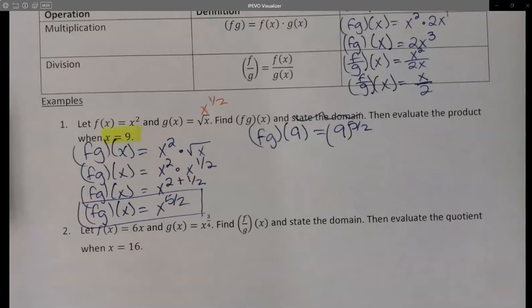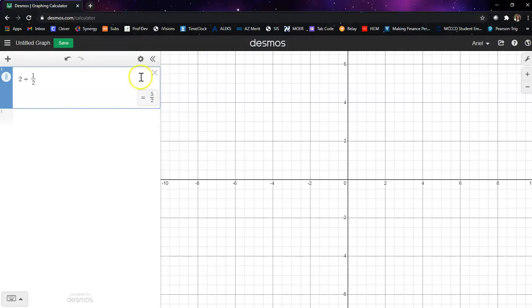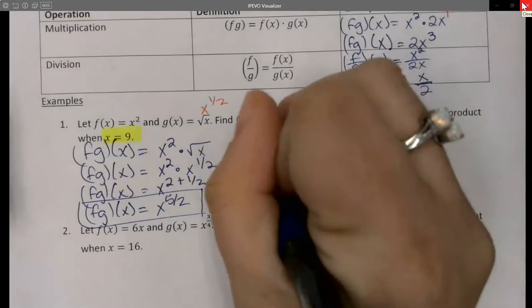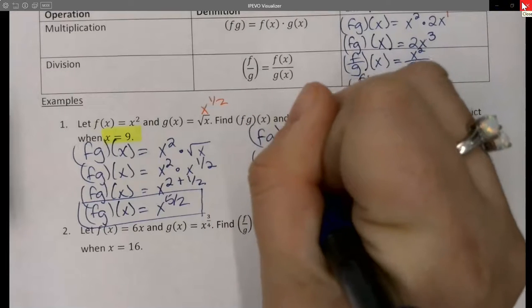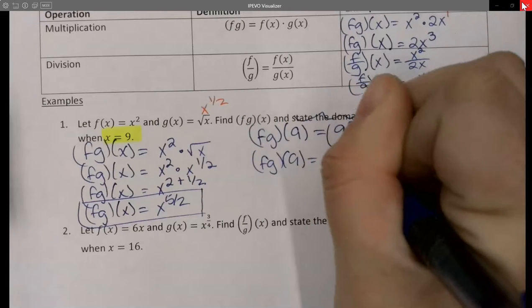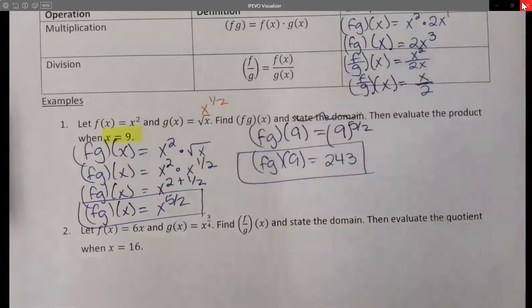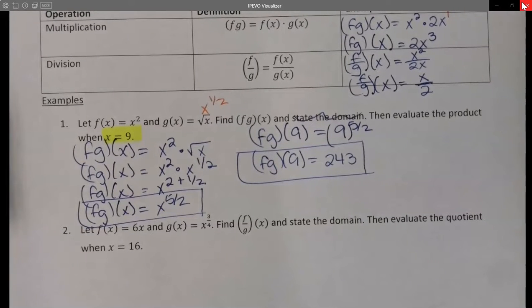Okay, then I want to go to Desmos and type this in. Which gives me 243. Questions on multiplying?